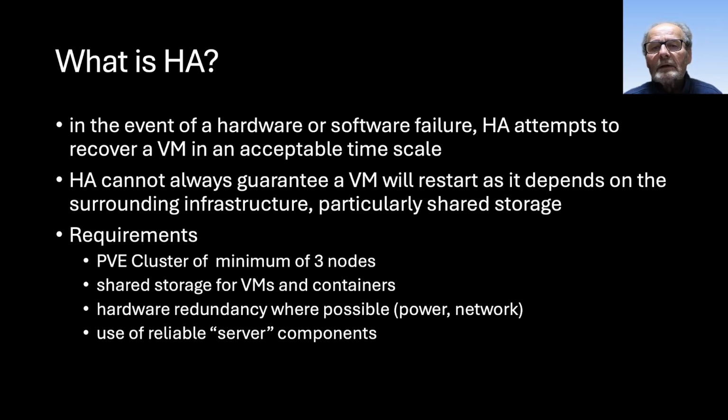One thing that we'll see as we go through is that HA is absolutely reliant on shared storage. You can't configure HA unless you have shared storage. HA can't guarantee that it's going to bring stuff back, but it usually does. I'm sounding negative, but I just want you to be aware that it's doing the best that it can to get it back.